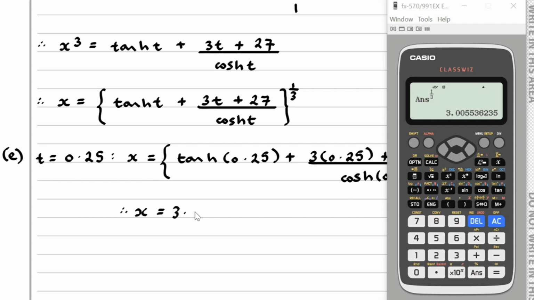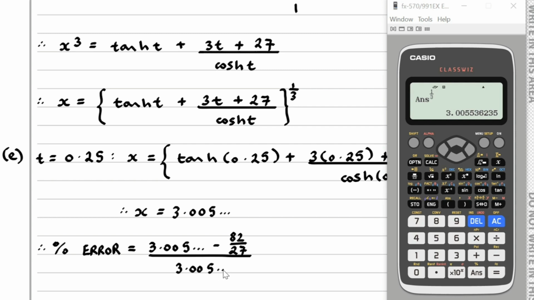So we get x equals 3.005. And therefore, for the percentage error, we've got 3.005 minus 82/27 divided by 3.005, etc., times 100.